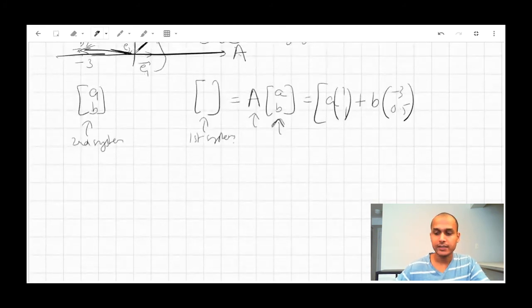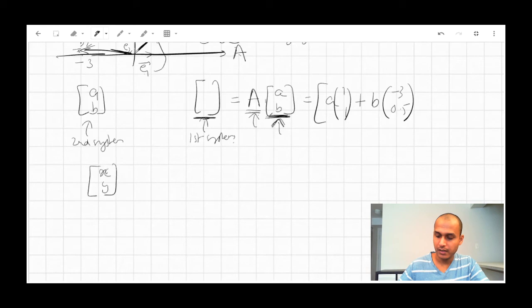So the vector (a, b) in the second system has an equivalent representation in the first system, which is given by the change of basis matrix times the vector in the second system. So I can go from the second system representation to the first system representation by multiplying with this matrix A, okay? And similarly, how do I go from the first system's representation? In the first system, let's say there's a representation (x, y). By the same token, we saw the inverse of a matrix, right?